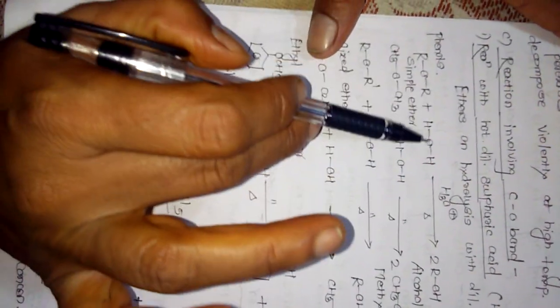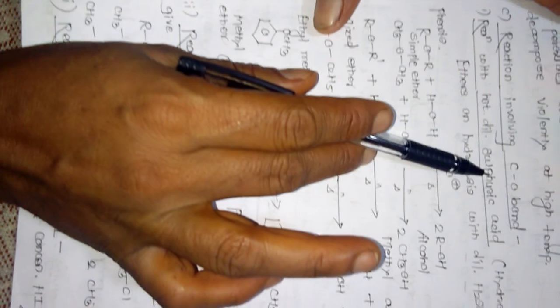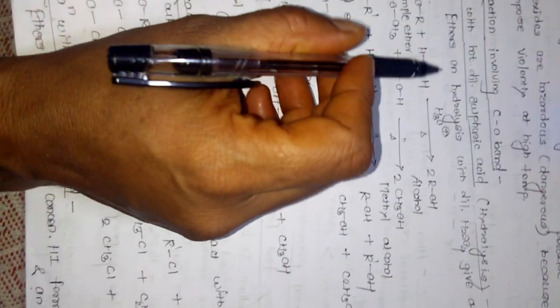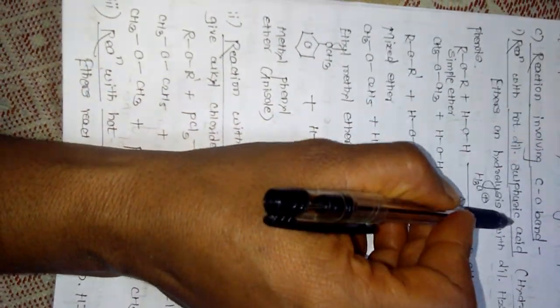The next reaction involves the C-O bond in ether, when the C-O bond breaks. When we take the ether and treat it with dilute H2SO4, this reaction is known as hydrolysis. Actually, water is added. Hydrolysis means addition of H2O, and the catalyst is dilute sulfuric acid.